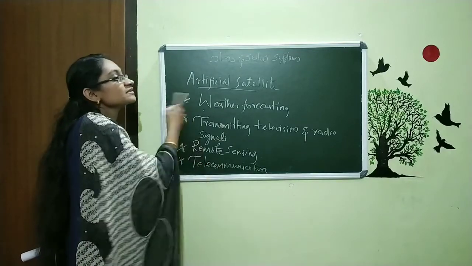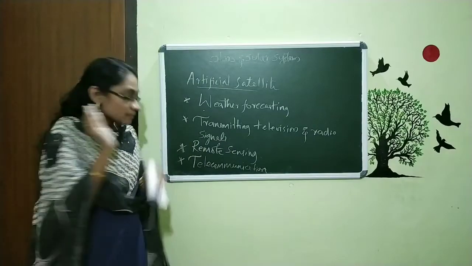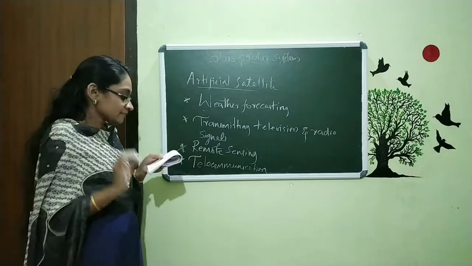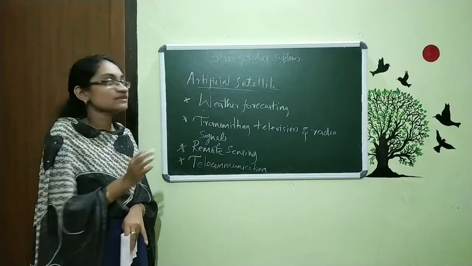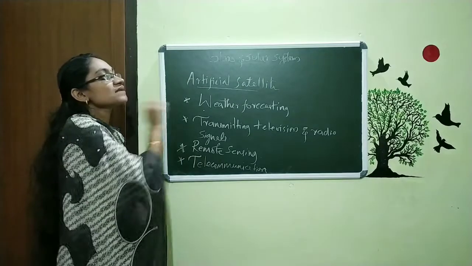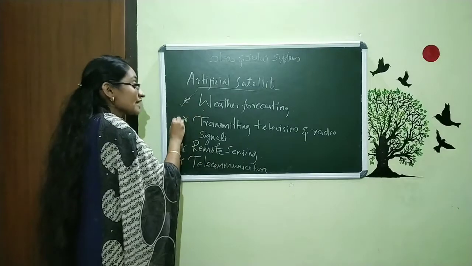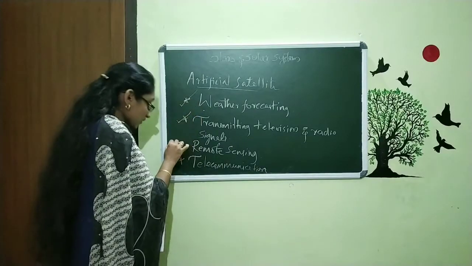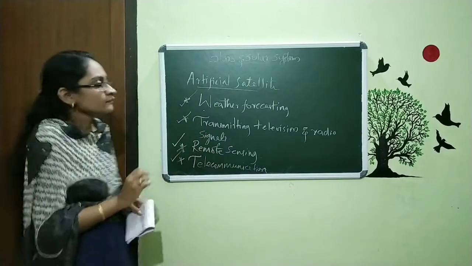Telecommunication is possible, and used so effectively, because of artificial satellites. So these are some of the purposes for launching artificial satellites: weather forecast, transmitting television and radio signals, remote sensing, telecommunication, etc.